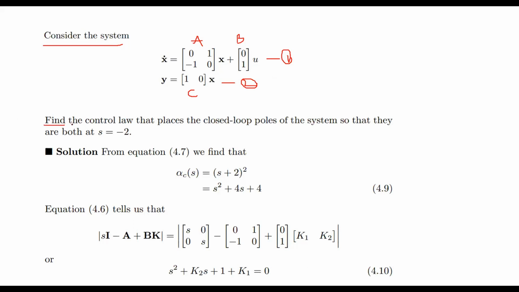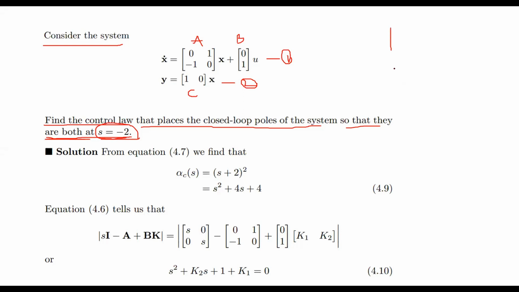Now find the control law that places the closed loop poles of the system at s is equal to minus 2. We are going to find the control law, that is u is equal to r minus K into x, so that the closed loop poles are located where he has given; he is asking both the poles to be located at minus 2.